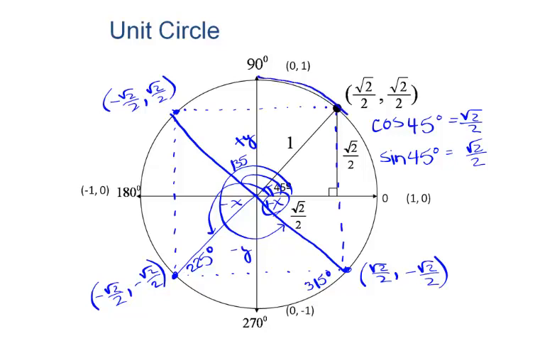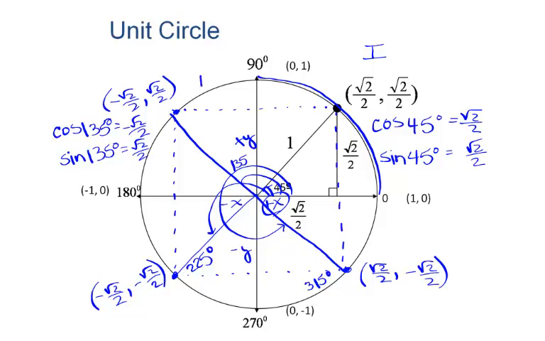From here to here on this circle is called quadrant 1. We use a Roman numeral 1 generally for that. Here, the cosine of 135 degrees is negative root 2 over 2. And the sine of 135 degrees is positive root 2 over 2.